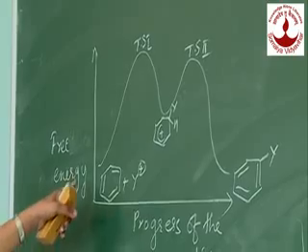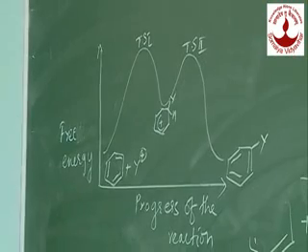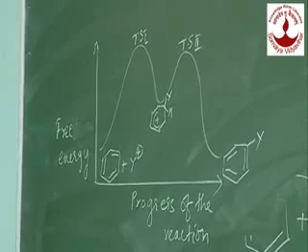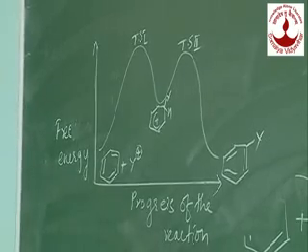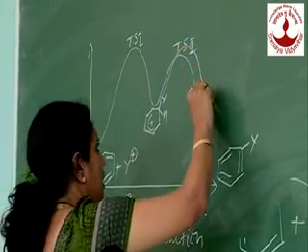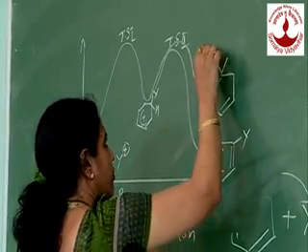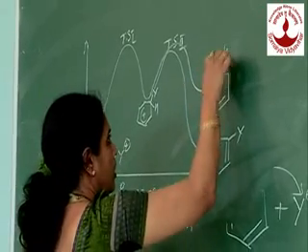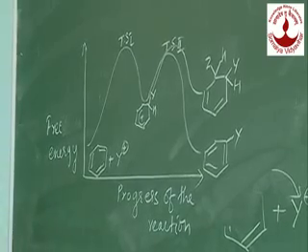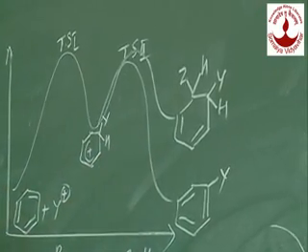Now you find, when you compare the energies of benzene and substituted benzene, that the delta G is almost 0, and therefore this reaction proceeds very easily. On the contrary, if you see the addition product, you will find that there is a lot of energy difference, and this reaction is highly endergonic.